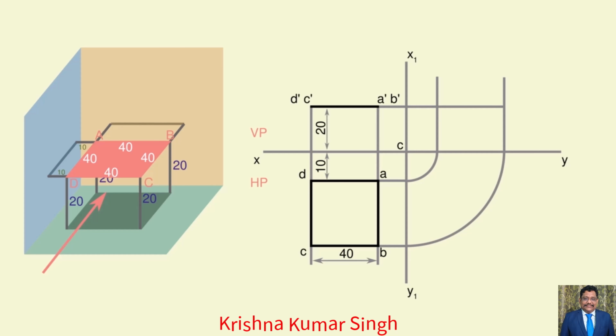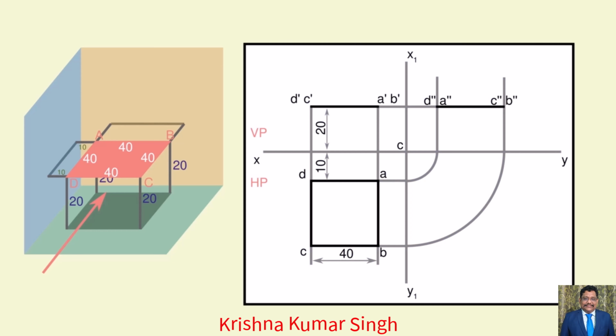Now extend the line from the front view of the points A dash, B dash and C dash, D dash. From these points, draw a horizontal line until it touches the vertical lines, and it will intersect at A dash, D double dash and B dash, C double dash. This is our required side view. The orthographic projections for this plane surface will be obtained by following the above sequence of operations.